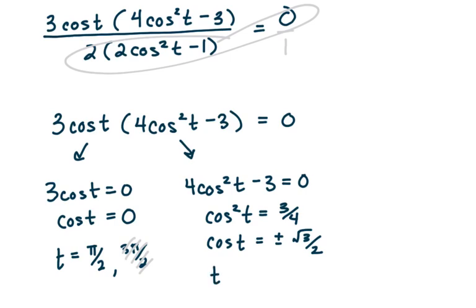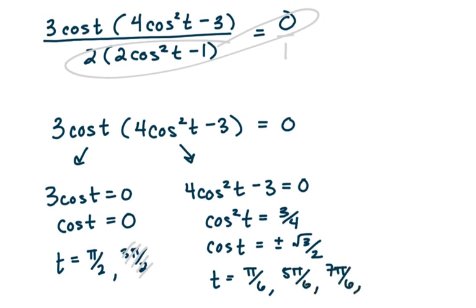And where does t equal that if that's my output? We've got pi over 6, 5 pi over 6, 7 pi over 6, and 11 pi over 6. But again, we're only dealing in quadrant 1, so we don't have to worry about those other values. So essentially we have 2 t values in quadrant 1.